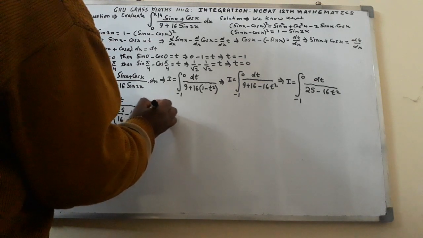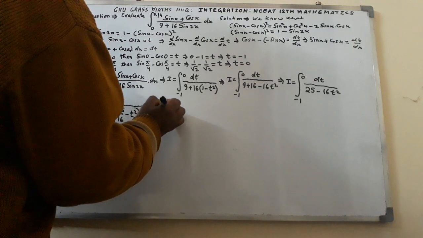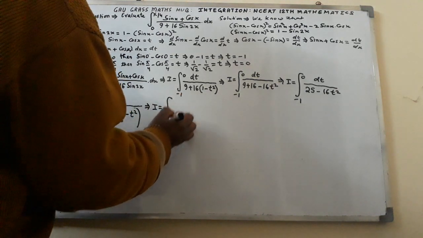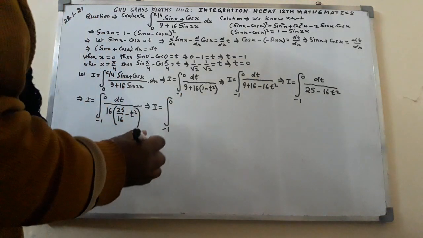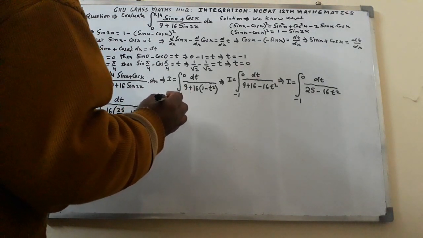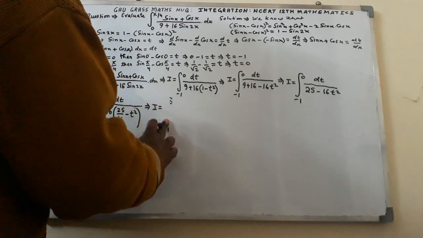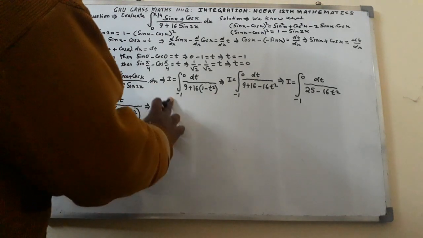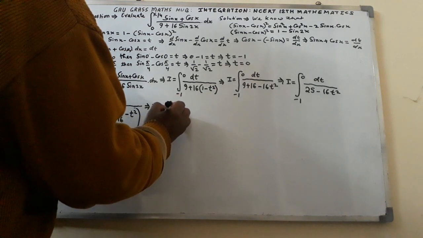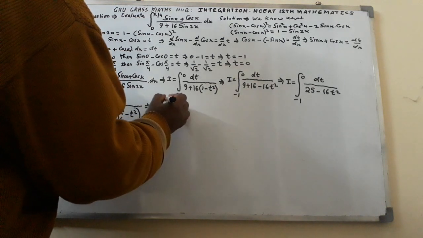Implied that I equal to integral from minus 1 to 0, and just erase this one. Here 1 over 16 will be popped out.